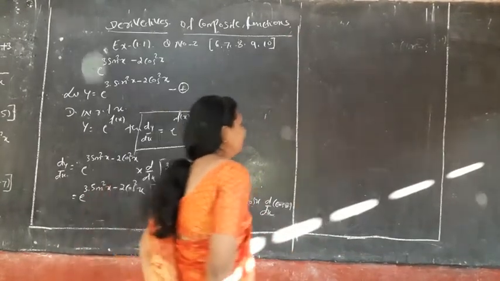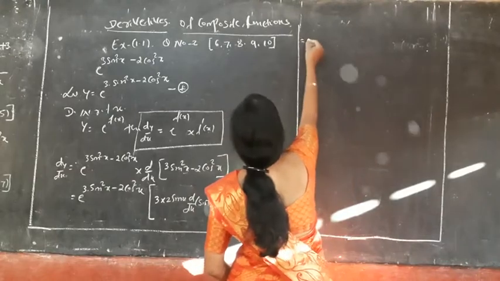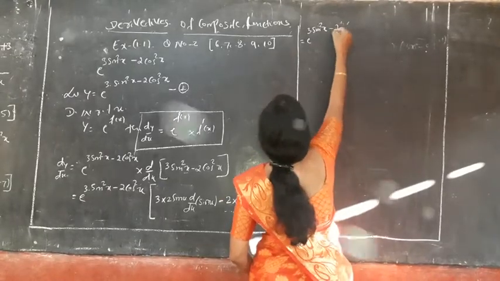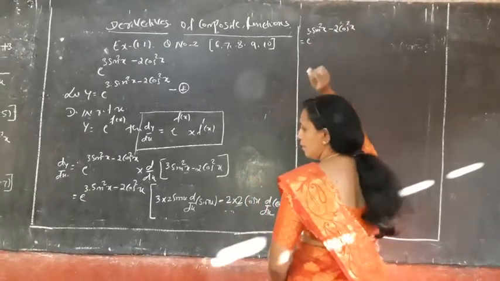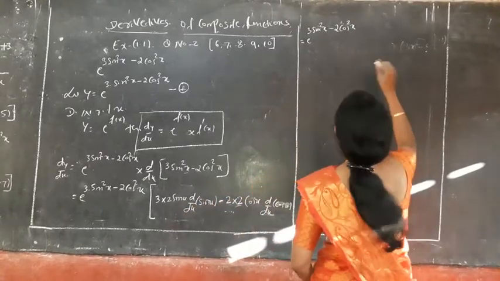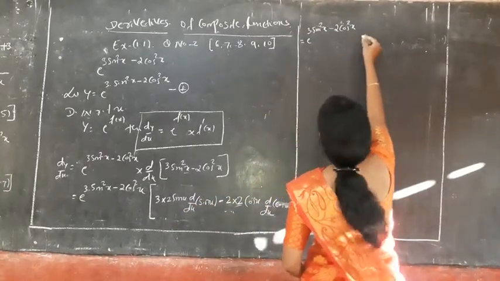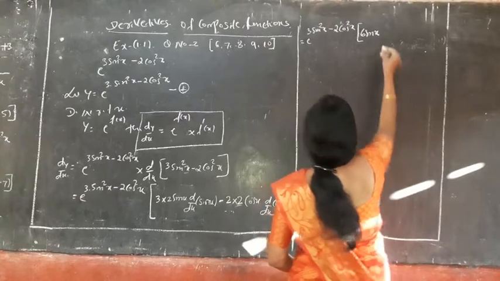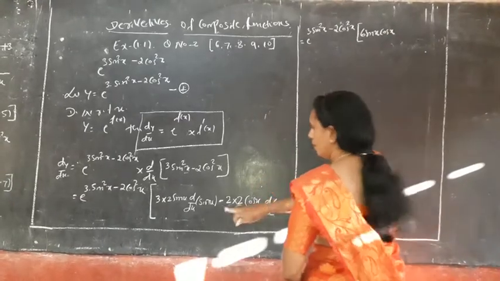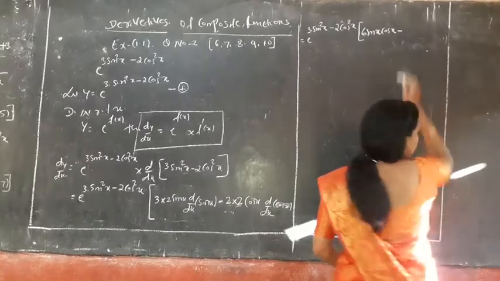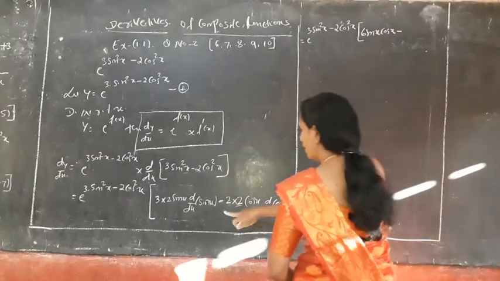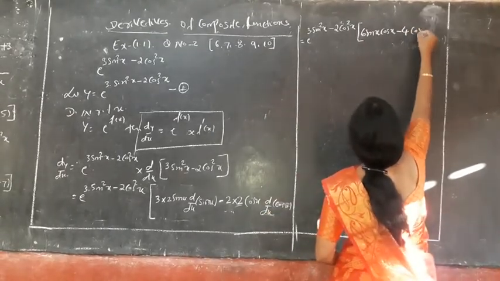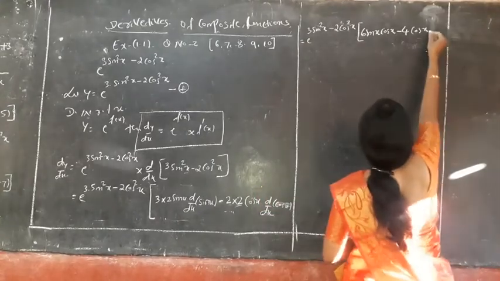Next, see here, this is equal to e raised to 3 sin square x minus 2 cos square x. 3 into 2 gives 6 sin x, differentiation of sin is cos x, minus 2 into 2 is 4 cos x into differentiation of cos, which is once again minus sin x.